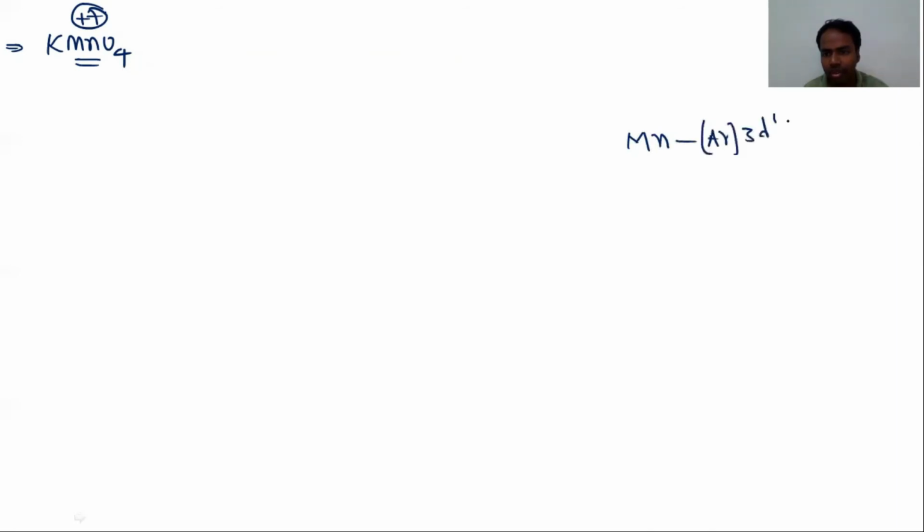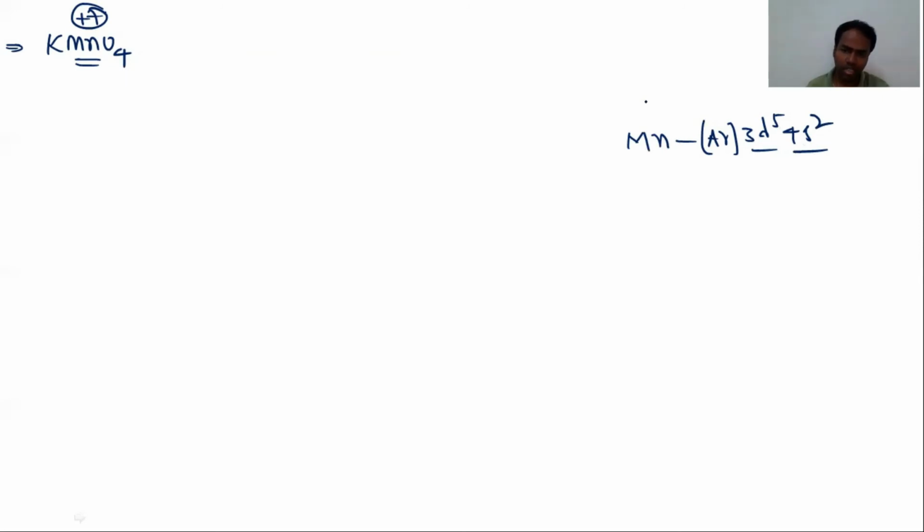Take two more examples here. This is the famous compound KMnO4. Here, what is the oxidation state of manganese? +7. For manganese, what is the maximum oxidation state possible? Argon 3d5 4s2. For d-block elements, the maximum oxidation state is equal to the sum of 3d and 4s, (n-1)d and ns.